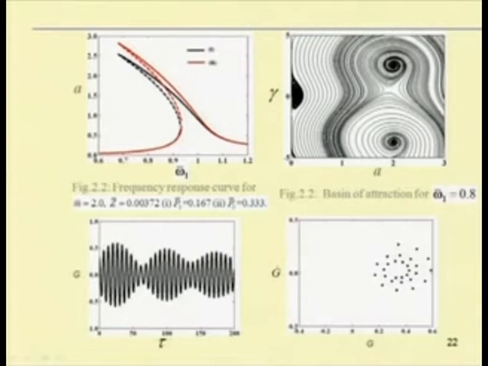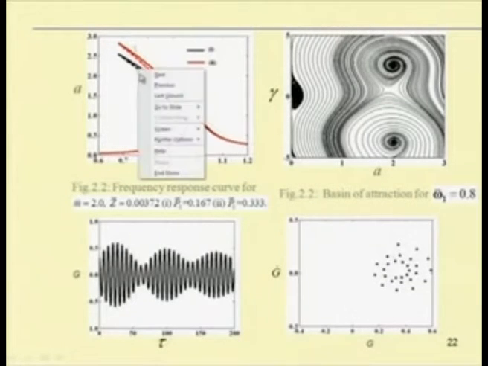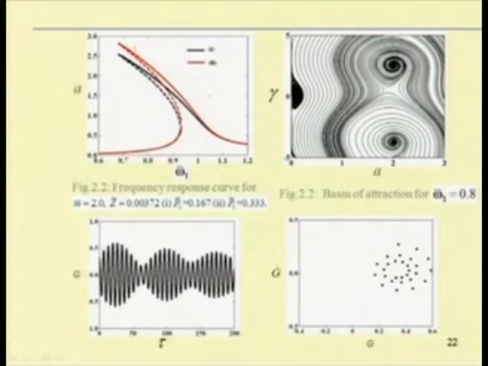Already we have discussed different types of multi-stability regions, and in this multi-stable region one should know to which response the system goes. At a particular control parameter, one can have multiple responses.